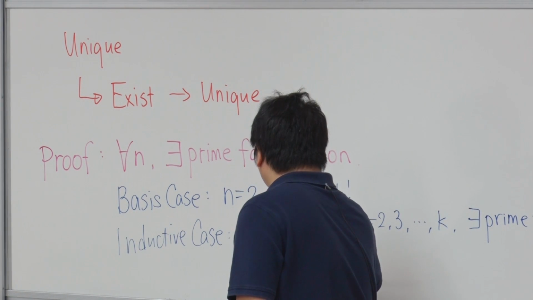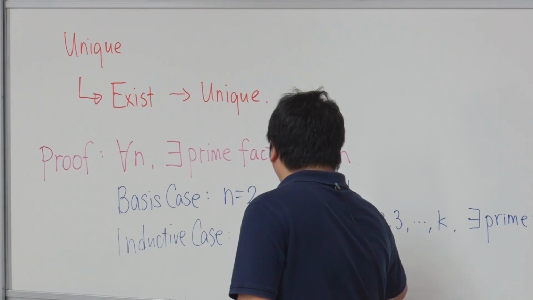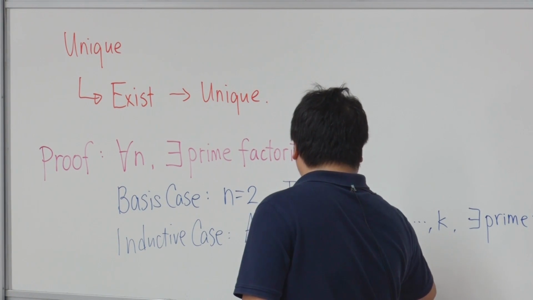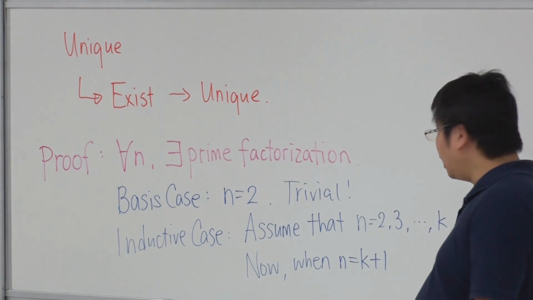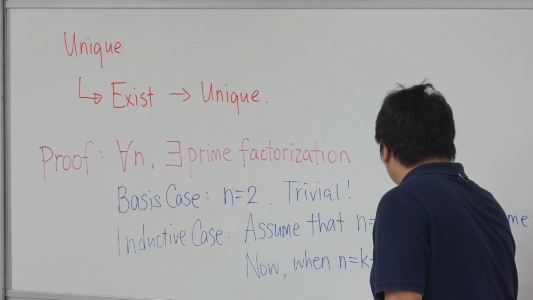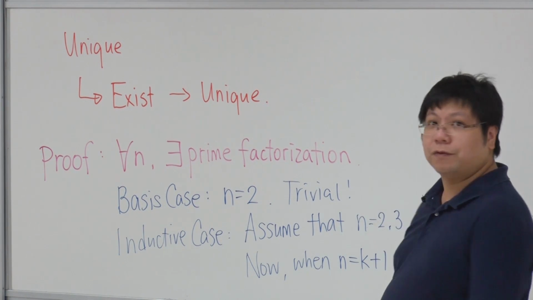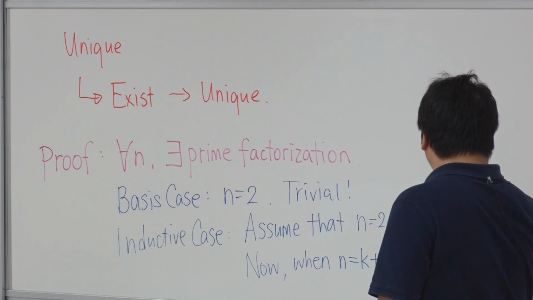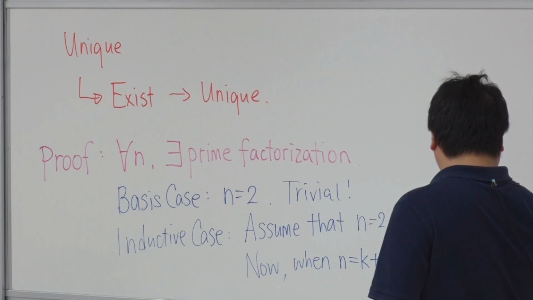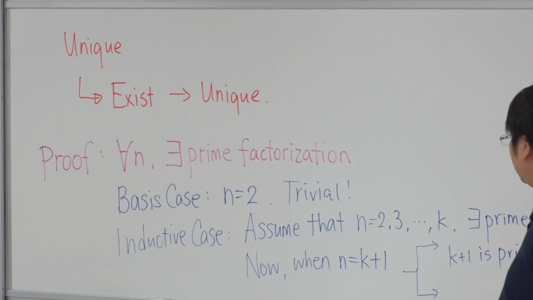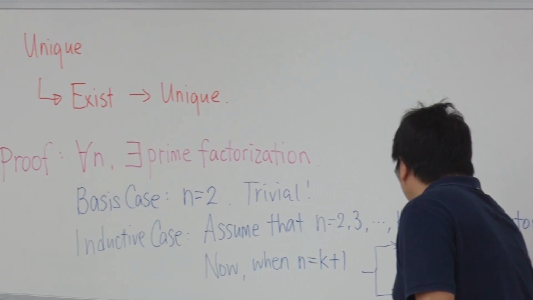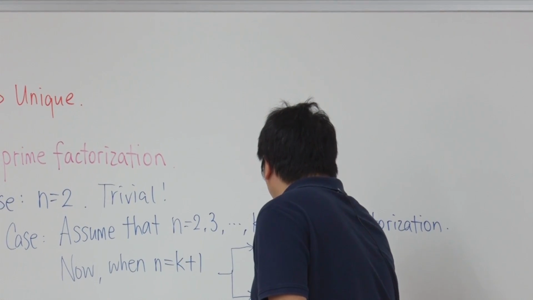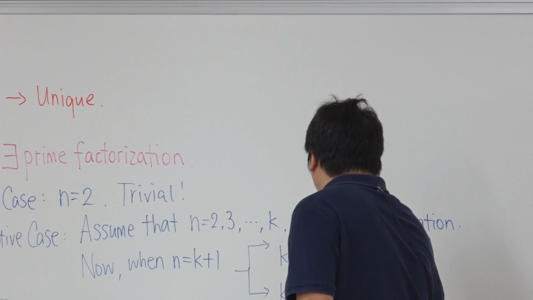Now, when we talk about n equal to k plus 1, there are going to be two subcases. The first one is k plus 1 is a prime. The other case is k plus 1 is not a prime.